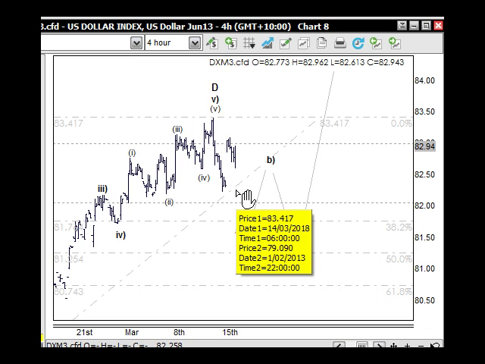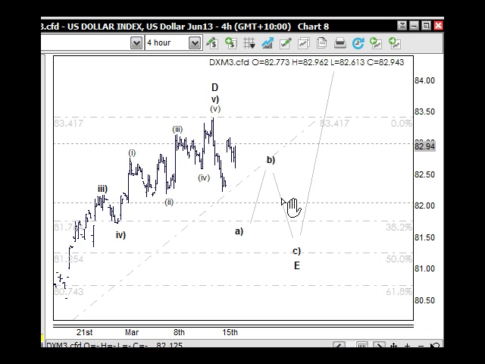So let's just allow this to play out here, but this is kind of what we're expecting here. But support back up here on 83 certainly sends it to the upside, and then we would have to look at this being the corrective move here, but we're still expecting a much larger move through here. So let's just allow that to unfold a little bit.